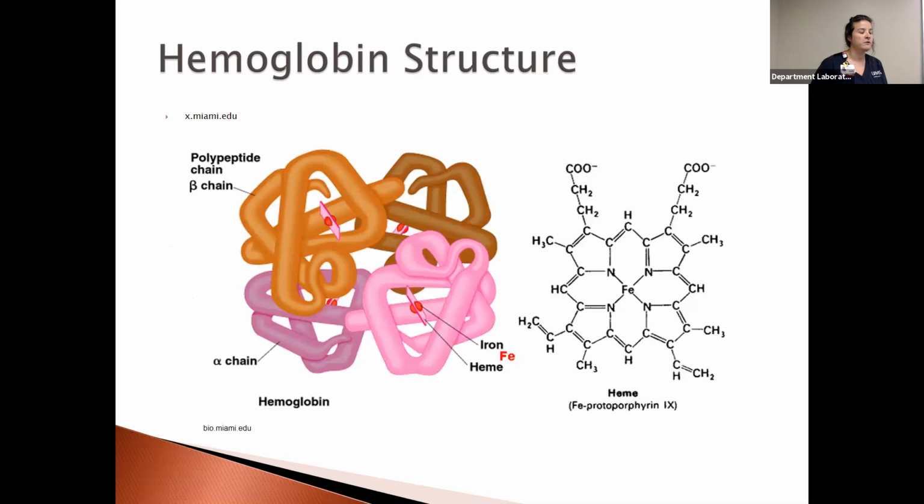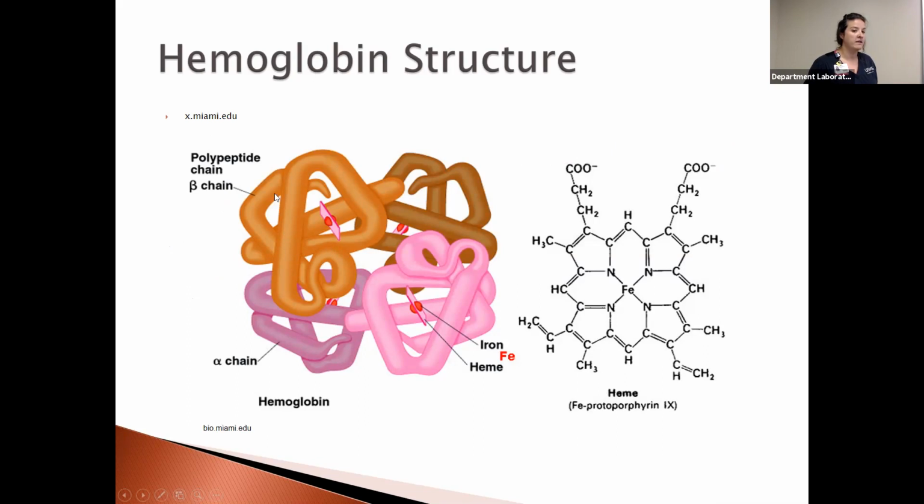All right, so this is just a little schematic that might make more sense to you. Remember, your hemoglobin molecule is composed of 4 polypeptide chains. Usually you have an alpha chain and then what we call a non-alpha chain. So it can be a beta chain, it can be a gamma chain, all right? And so your alpha chains, indicated here by the pinkish purplish, will bind to a non-alpha chain.